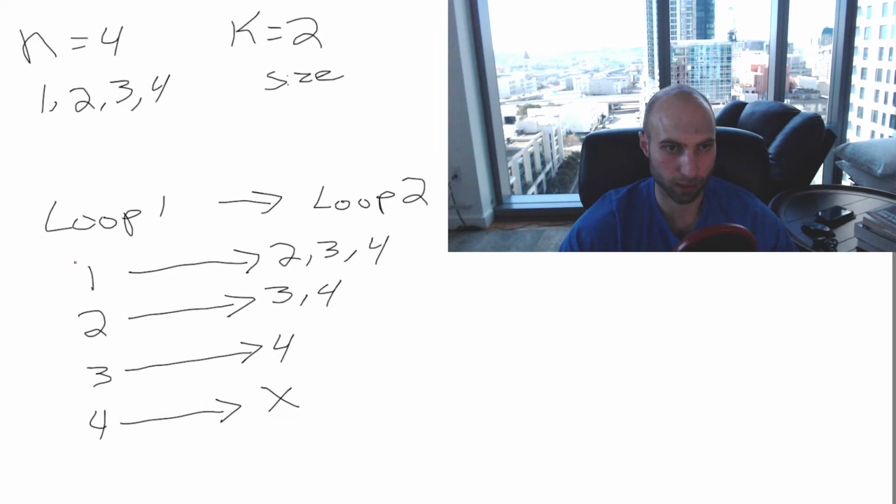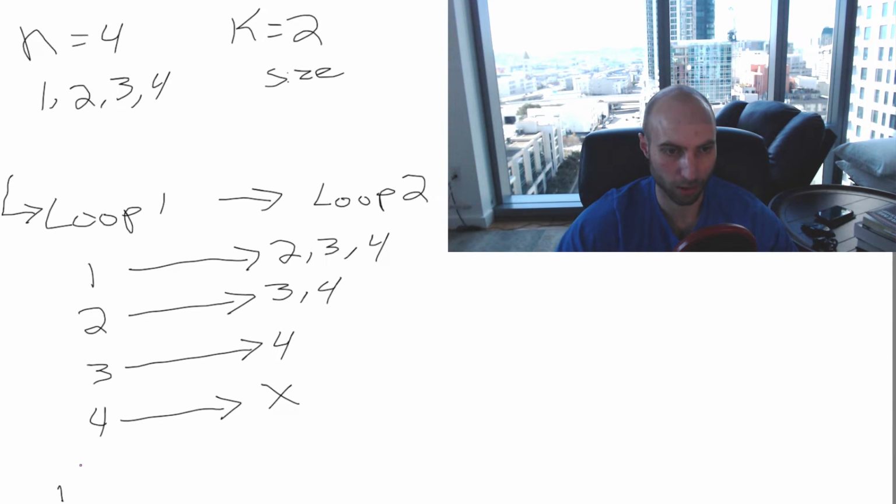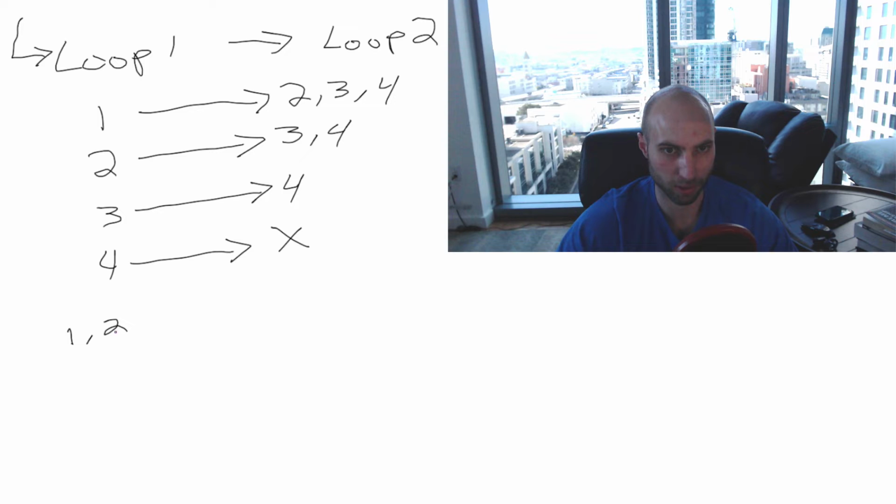So what's going to happen is our program starts, we plant a 1 in the first position, and then inside of a loop we plant a 2 in the second position, and then in the next iteration of the inner loop we plant a 3, and the next iteration of the inner loop we plant a 4.